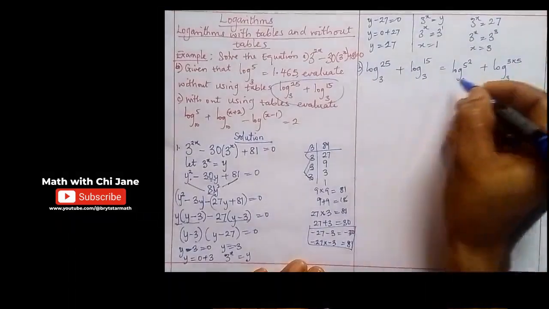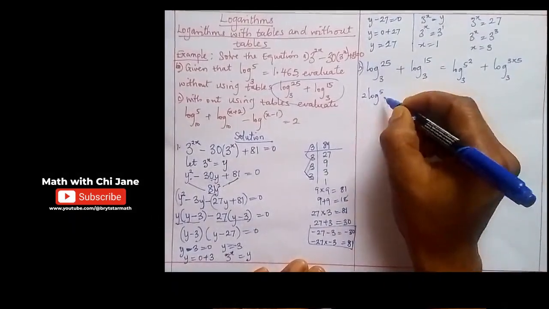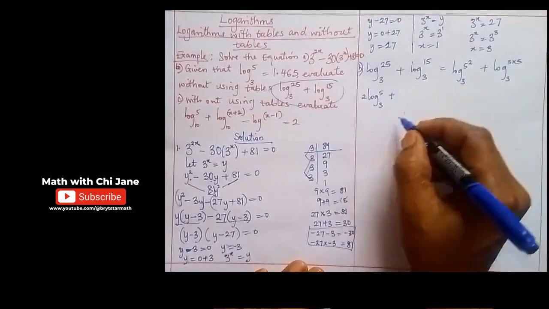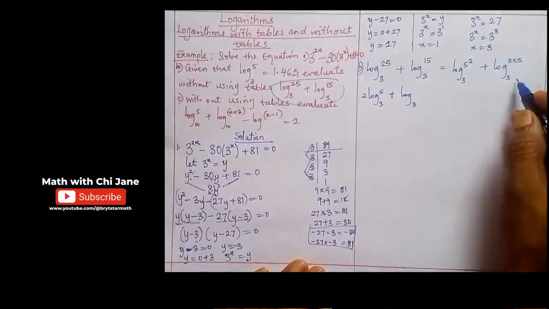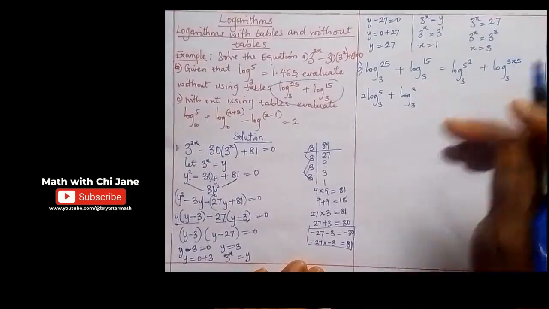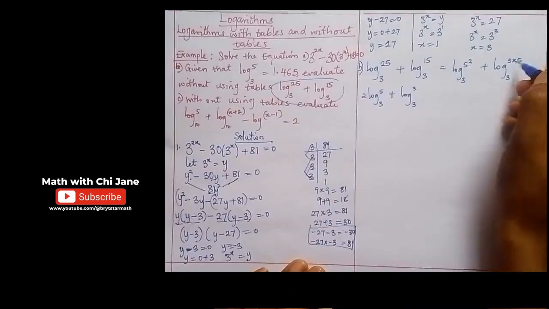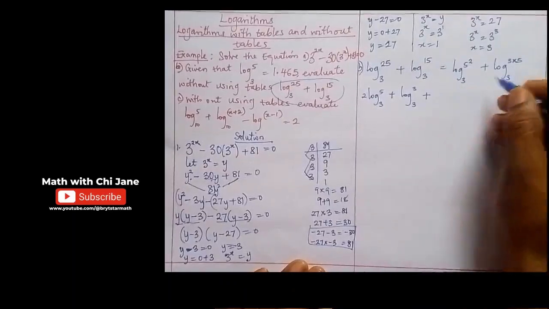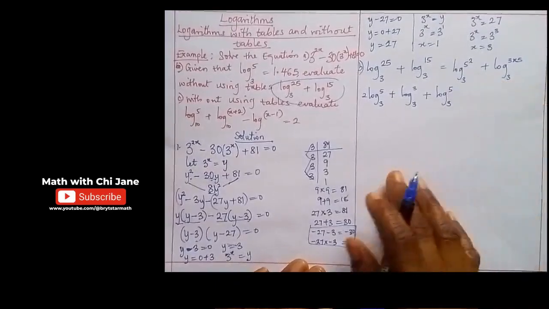So here we have 2 log 5 base 3 plus log 3, in logarithm, when you are multiplying the numbers, it means you are adding, plus log 5 base 3.